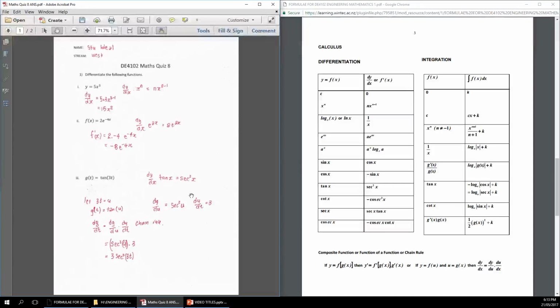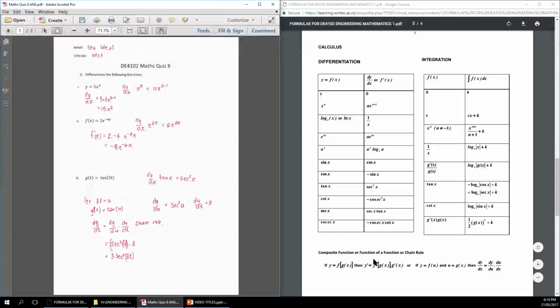Now, this one is quite easy to possibly do in your head, but follow through the procedure and prove how it works with a simple one. We've got a function of a function: the 3t inside the tan function. So we'll use the chain rule.